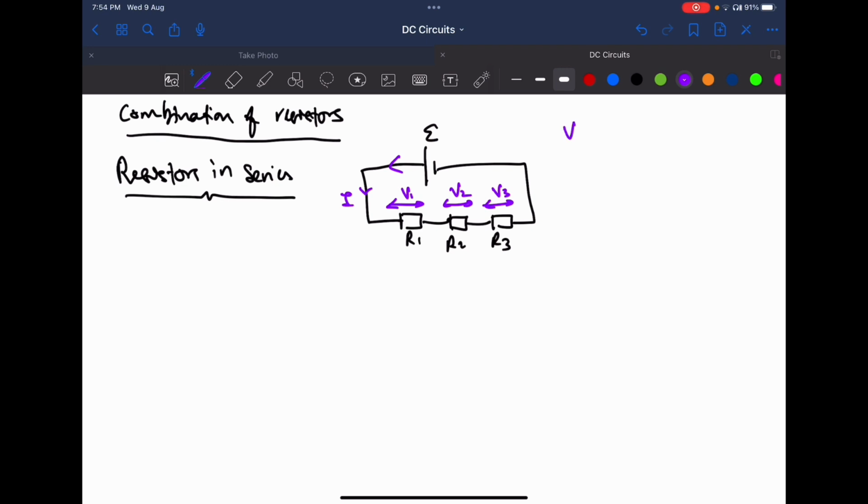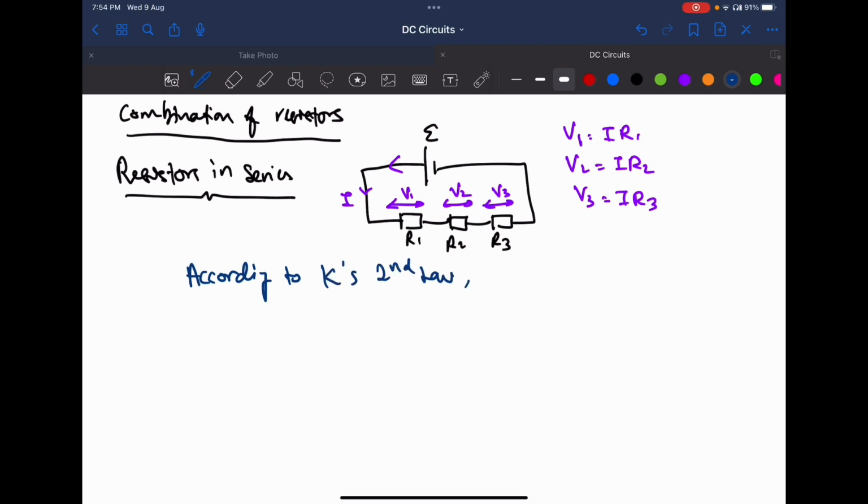As we know, V1 equals IR1, V2 equals IR2, V3 equals IR3. And according to Kirchhoff's second law, the resultant EMF equals V1 plus V2 plus V3.